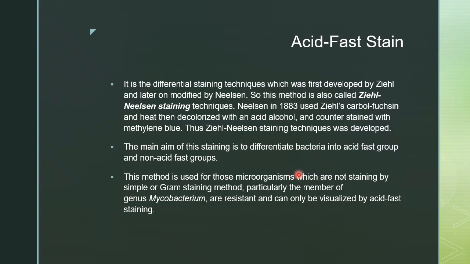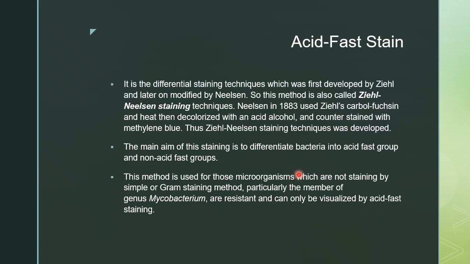This makes the cell wall very waxy, and because of this the stains cannot enter the cell very easily, and we cannot use simple staining techniques like gram staining here. Hence we use a special stain called carbol fuchsin, which contains phenolic compounds, and we also use a special technique to make the stain penetrate inside such bacteria.